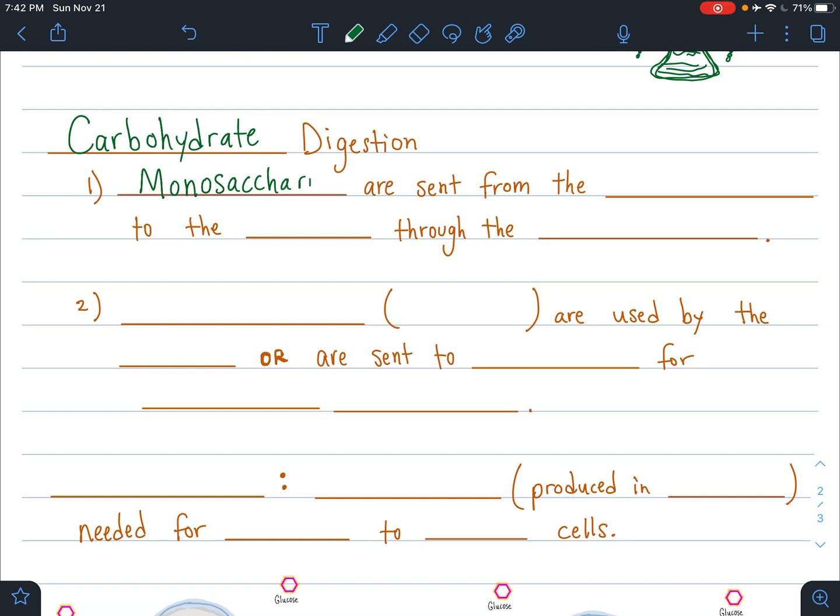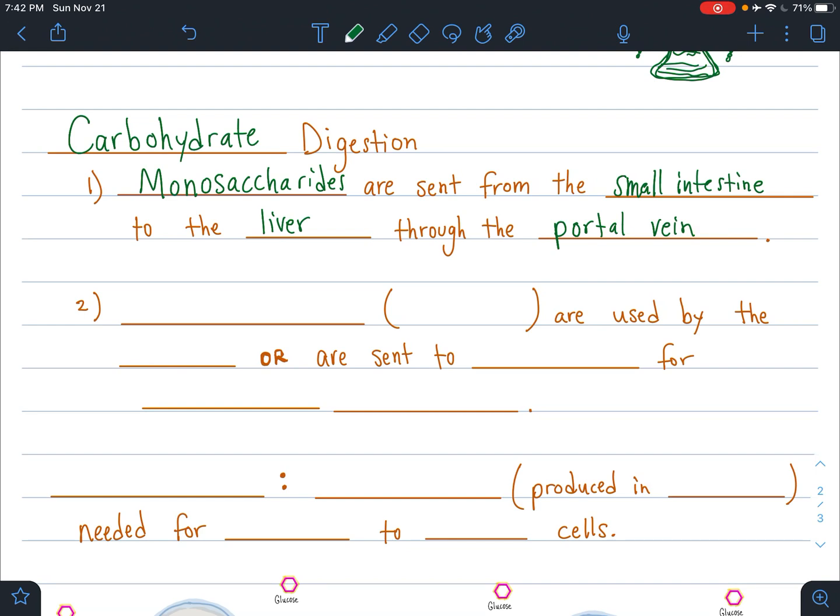So either we ate monosaccharides or we ate a starch that gets converted into monosaccharides, and those monosaccharides then are sent from the small intestine to the liver. The liver is very important in our digestive processes here. So monosaccharides are sent from the small intestine to the liver through the portal vein.